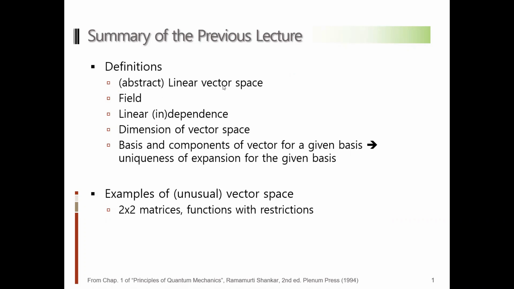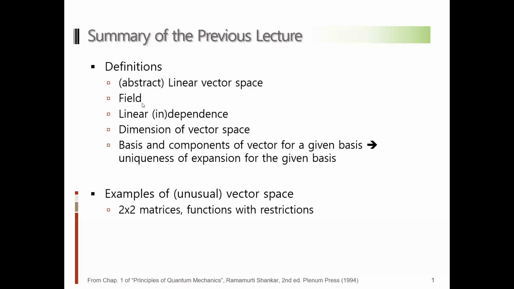Generally, the linear vector space is generalized from the familiar concept of the three-dimensional vector space, and most of the properties are very intuitive because we can generally imagine the three-dimensional space.